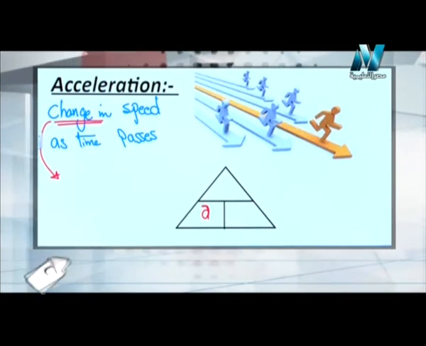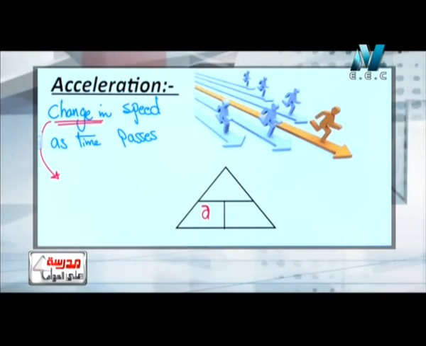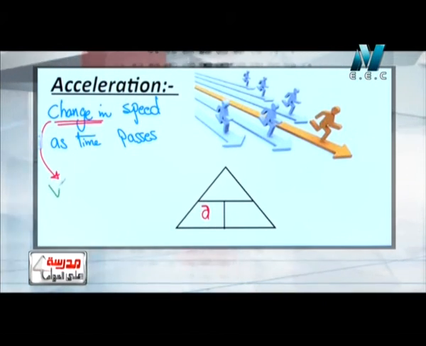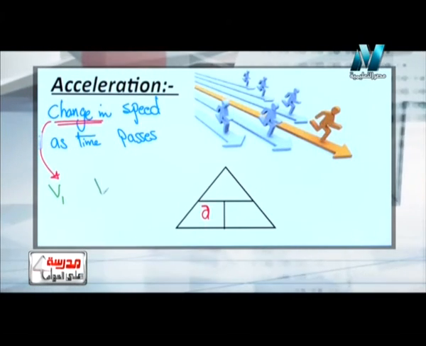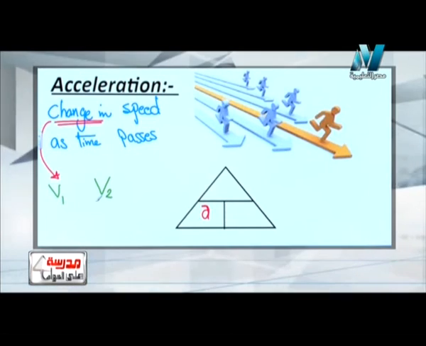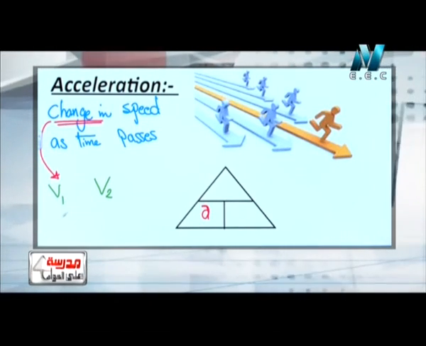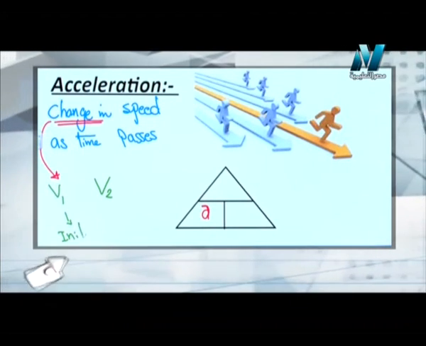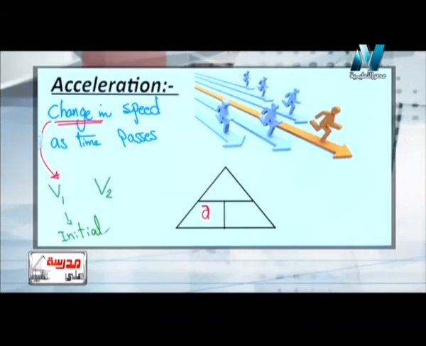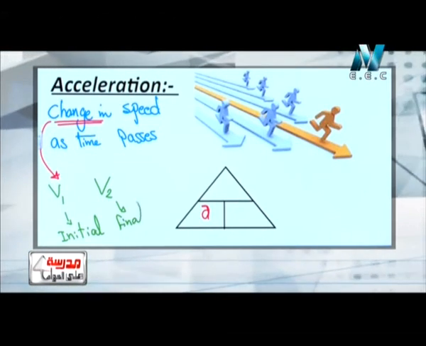So we have at least two speeds, V1, the initial speed, and V2, the second or final speed.